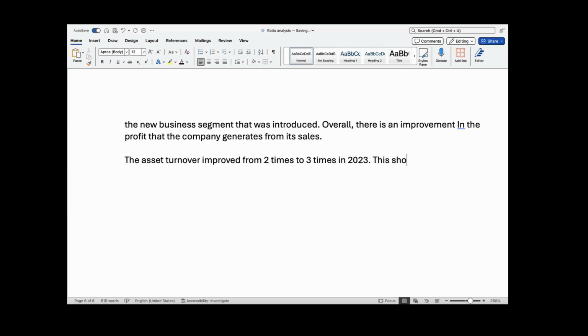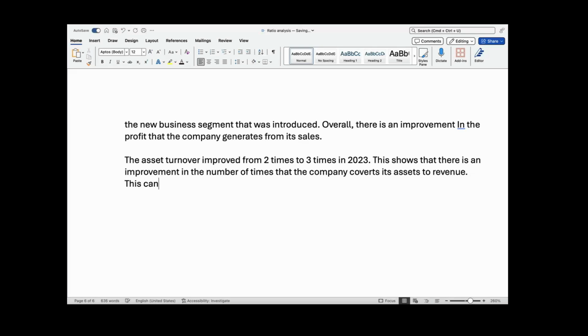This shows that there is an improvement in the number of times that the company converts its assets to sales or revenue.